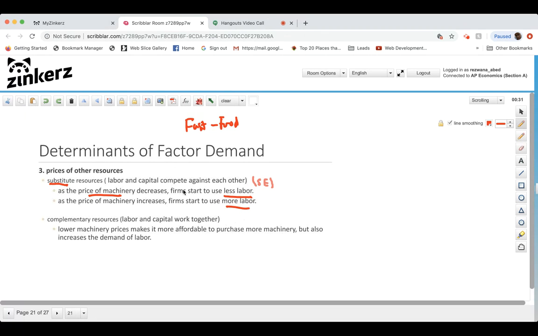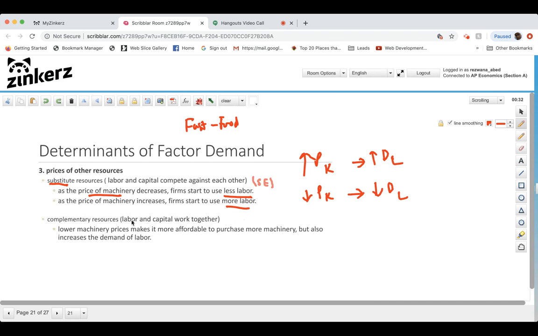Okay, so that's just what substitutes mean. So if the price of capital were to increase, the demand for labor will too, so they go hand in hand. The arrows go in the same direction. Okay, so this is for substitute resources.